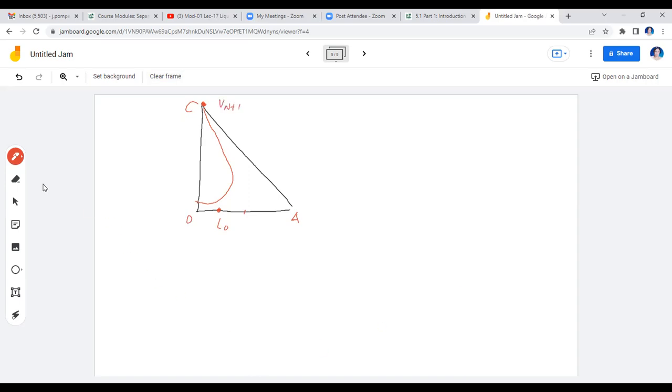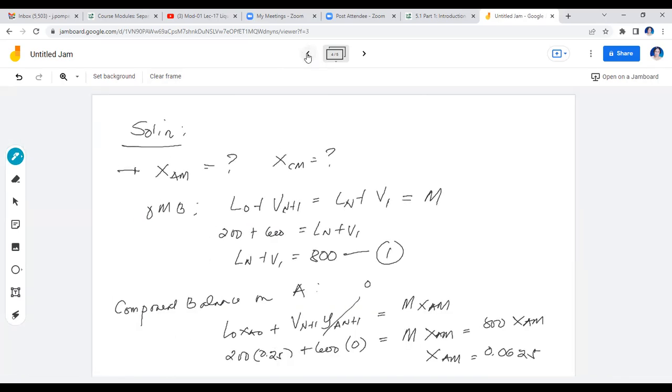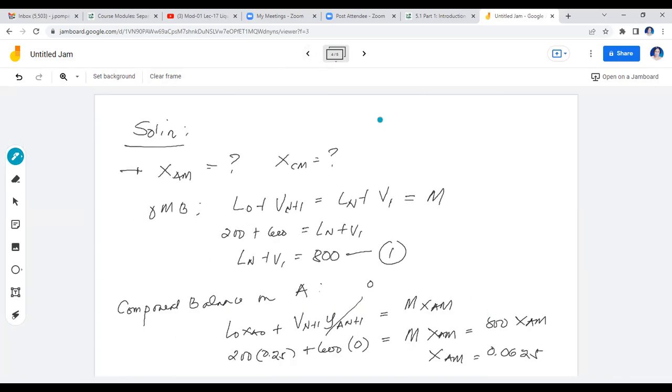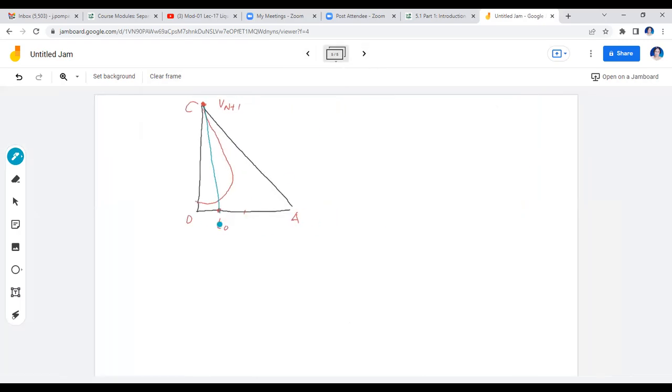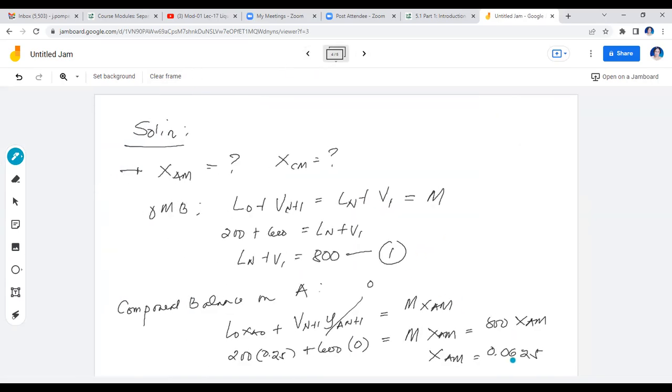What you do, you connect these two. You connect the V sub n plus 1 and the L sub O. Okay, that's it. Now, the point M will be plotted on the line that connects these two. So you have the line that connects L sub O and V sub n plus 1. M will be anywhere on this line, and you'll be using the computed X sub A, M, and that's 0.0625.